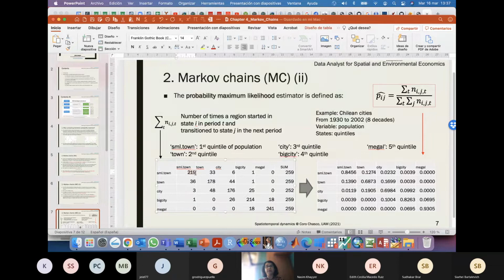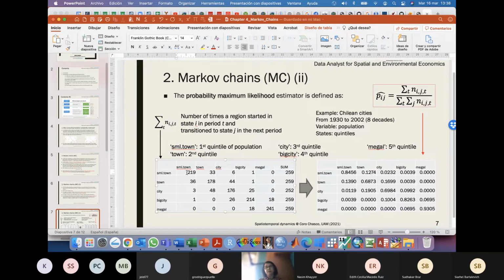So this 219 means, for the Chilean cities, that there are 219 instances in which a town in the first quintile, that I've given the name of a small town, at present remained in this same class of being a small town in the next decade.